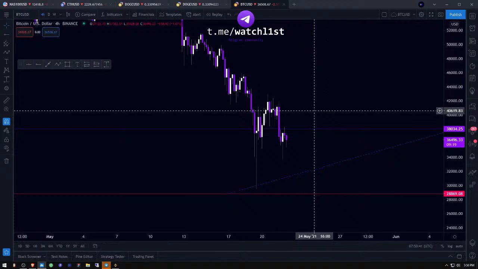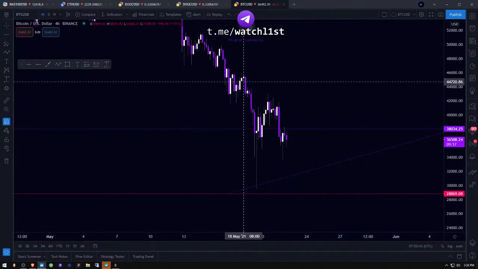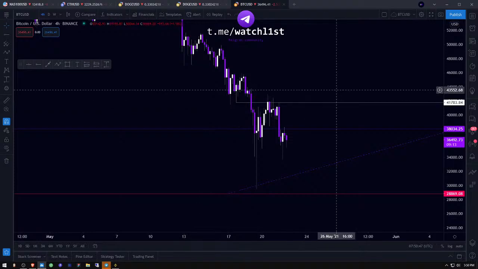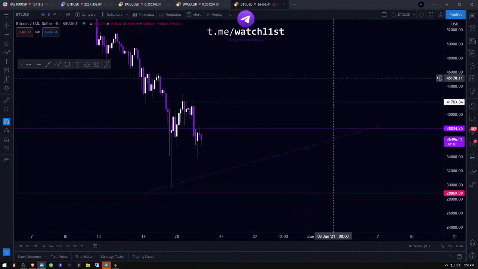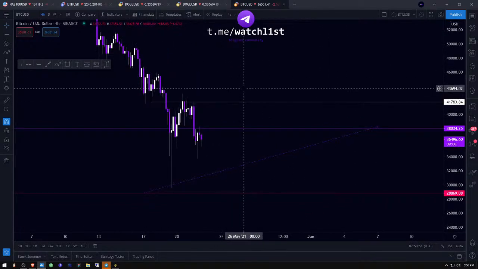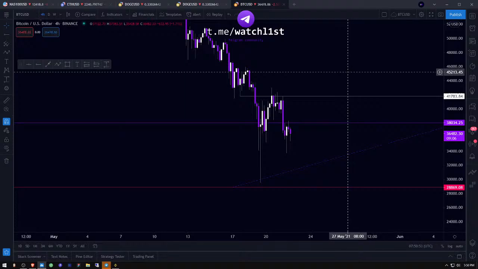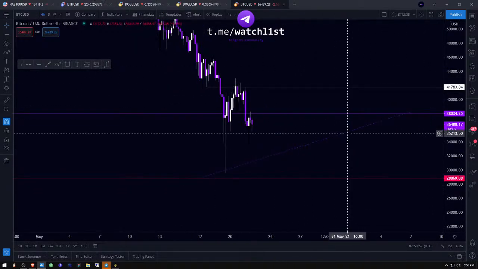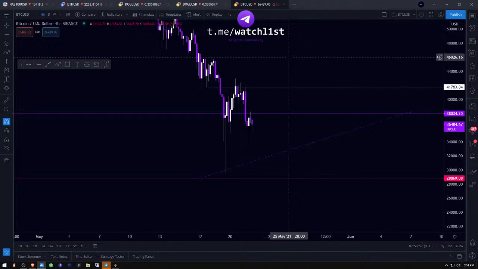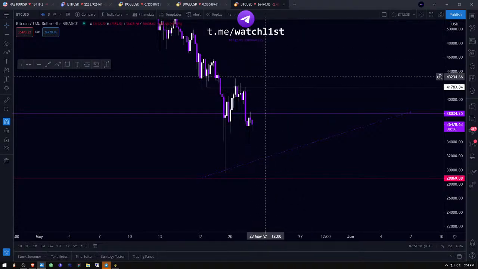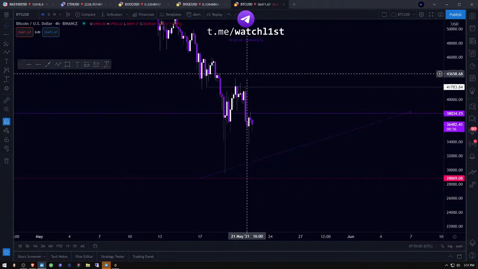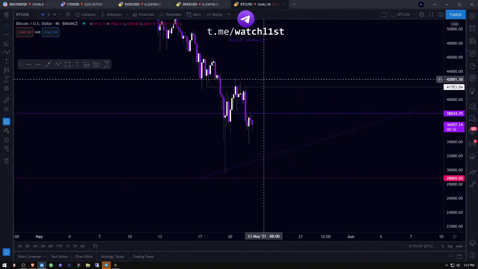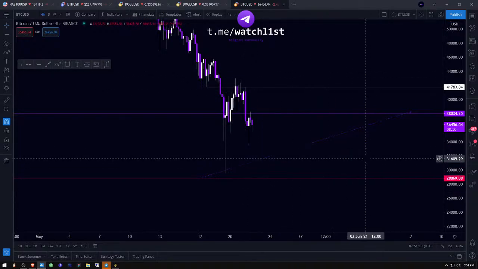So on the 4 hours, straight away we could more than likely mark this price here as being extremely important, and that's 41,783.84. We can see that as soon as buyers lost their momentum and people started shorting, it just started plummeting.